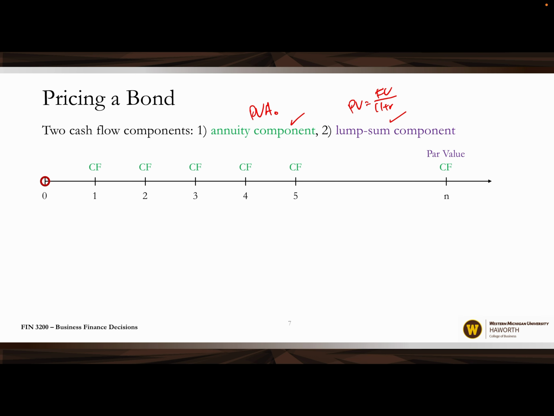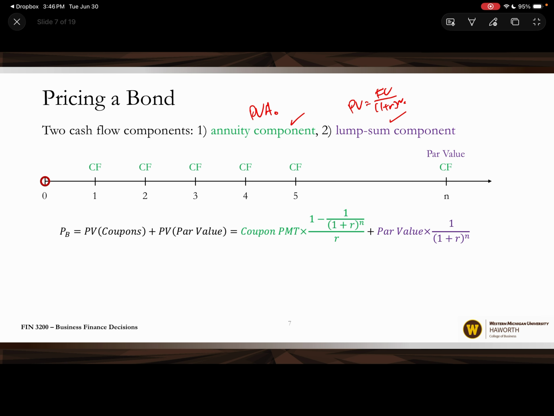Basically we're treating this as a combination problem on a regular annuity and a lump sum cash flow example. So price of a bond equals present value of the coupons.